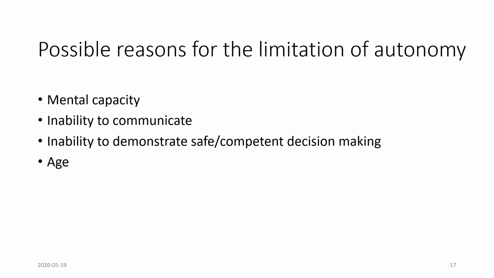And then we have the inability to demonstrate safe and competent decision making. We did talk a little bit about this on the previous slide, but just to reiterate, if you can't demonstrate safe and competent decision making, then you won't be able to make those decisions, depending on the standards of the situation that you are in. So for example, if you have an eating disorder and you are in inpatient care and the doctors and nurses are trying to get you to eat, and you do not want to have your meals watched, because often when you're in inpatient care, they will watch you eat.